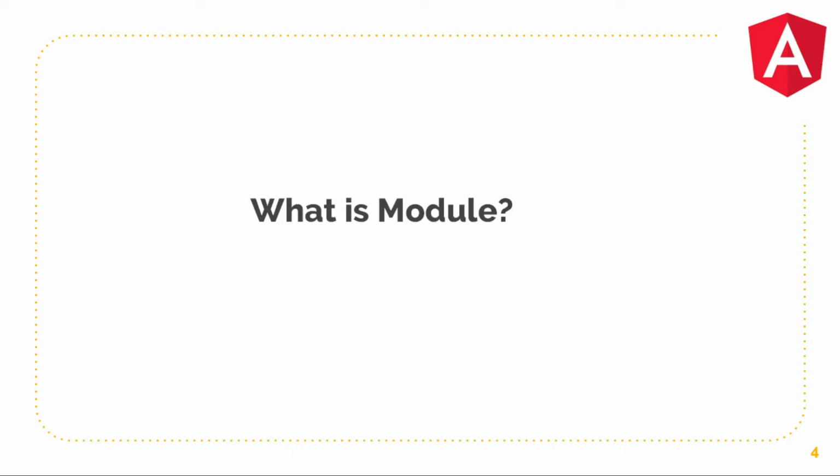Every module is a class which contains declarations of components, directives, and services which can be exported to other modules. Of course, you can decide not to choose a few of the elements based on your application design. So let us try to understand the module definition.